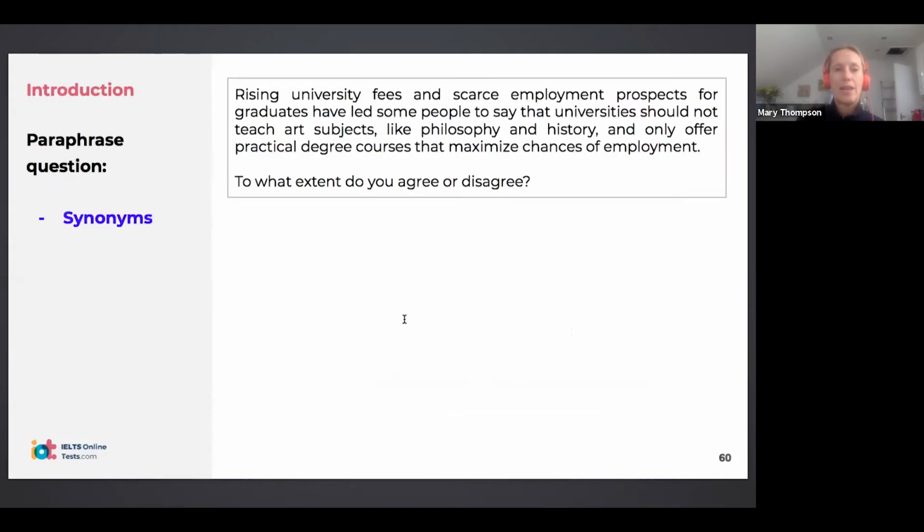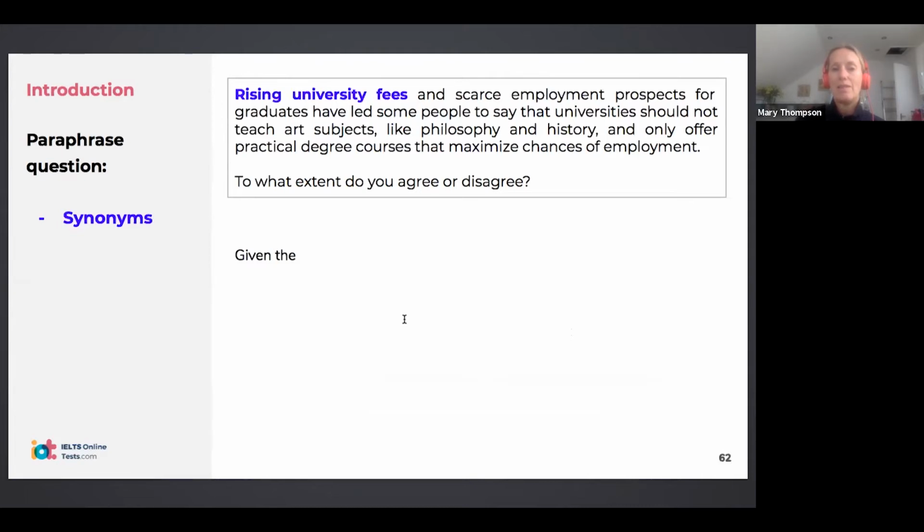Okay, so let's now look at the introduction. So you need to paraphrase the question, as we've said. In order to do that, you can find synonyms. So I'm just going to highlight some of these words. So see if you can find synonyms for this phrase. So rising university fees.